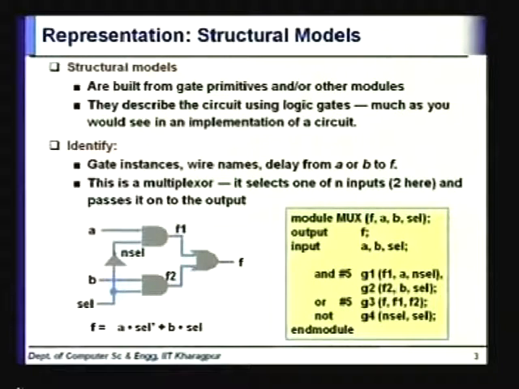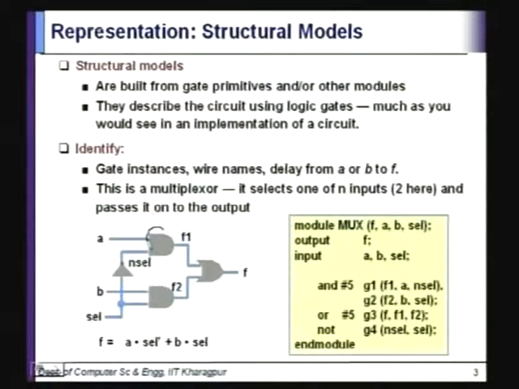Let us say we take this gate, G1. It is an AND gate. This is the transport delay of the gate, the delay that it takes for the input to propagate to the output, so 5 units of delay. G1, F1, A, NACL. So F1 is the output, A and NACL are the inputs, and the type of the gate is AND.